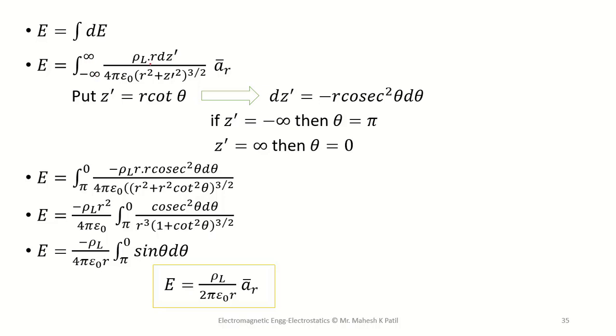From the previous equation we can write dE bar as rho L r dz dash upon 4 pi epsilon naught, r square plus z dash square raised to 3 by 2, a r bar. Now this integration is not directly solvable, therefore we'll put z dash as r cot theta, which is going to yield, if you differentiate, dz dash equal to minus r cosec raised to 2 theta d theta.